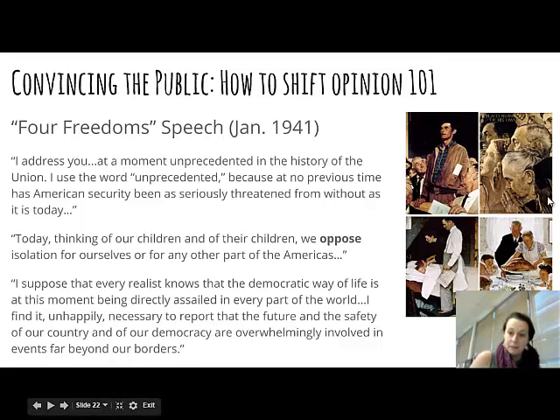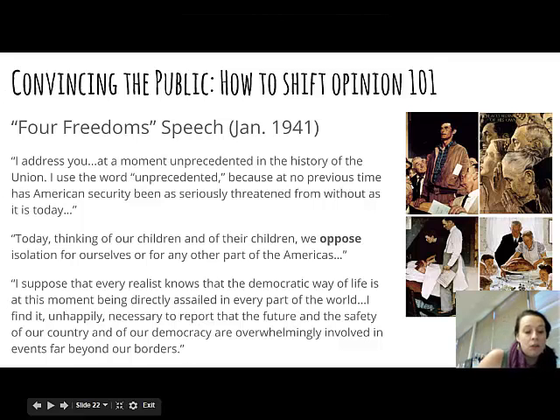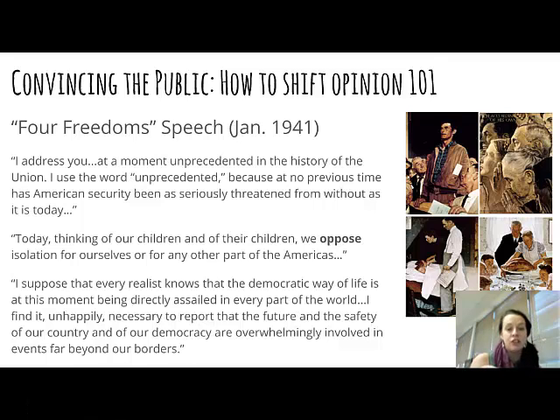And the four freedoms are depicted here, but he really used that as a tactic to get to the people, use emotions to convince people of what he wanted. So you can read these excerpts here of the Four Freedoms speech, and you have a few questions on your notes page that you should answer about these things. So you might want to pause the video so you can read.